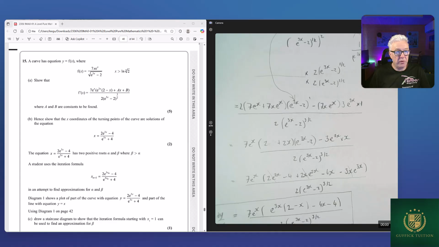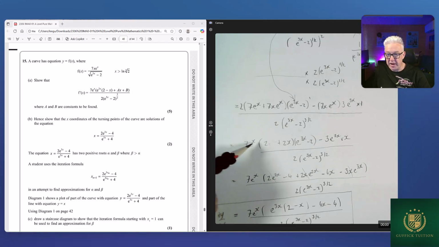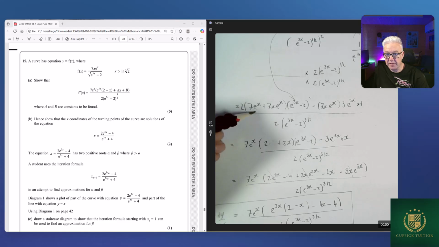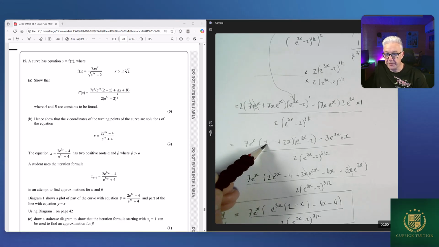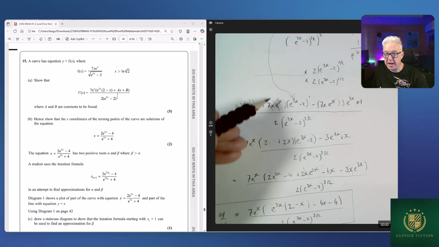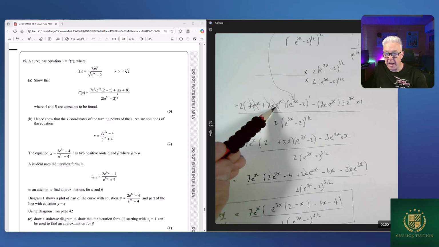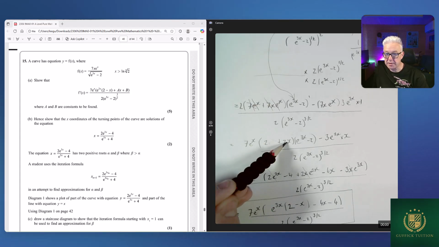So what are we aiming for? We're aiming for, there's a common factor of 7e to the x that could come out of everything. So let's take out 7e to the x out of every single term. When 7e to the x comes out of this, we're just going to be left with 2 times 1, so there'll be a 2 there. When 7e to the x comes out of this, we'll be left with that x and a 2, so 2x.